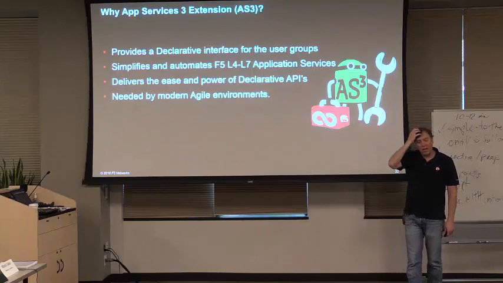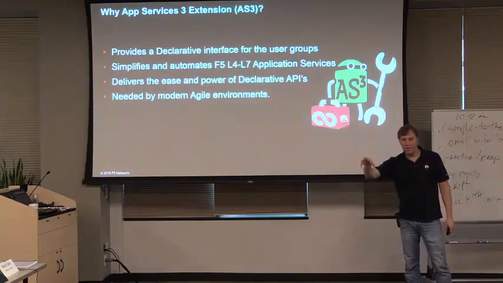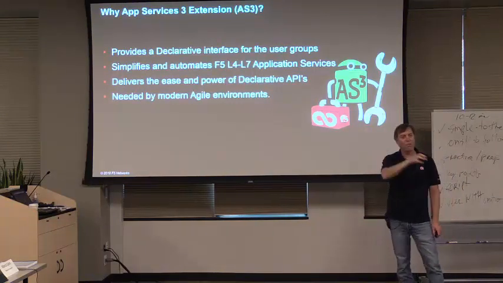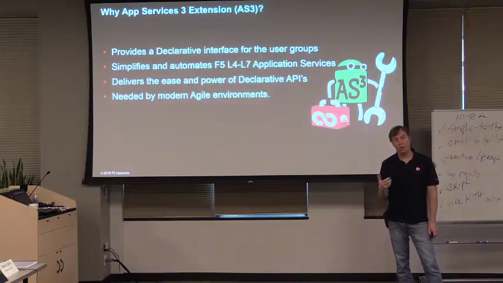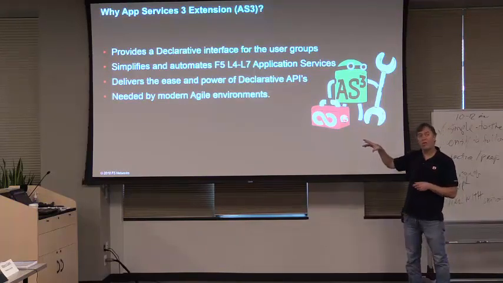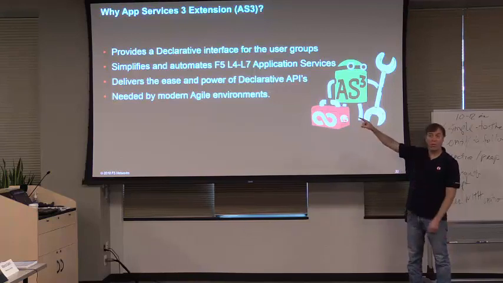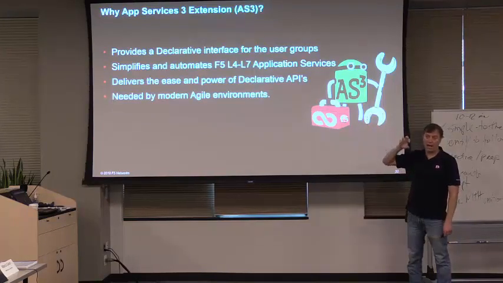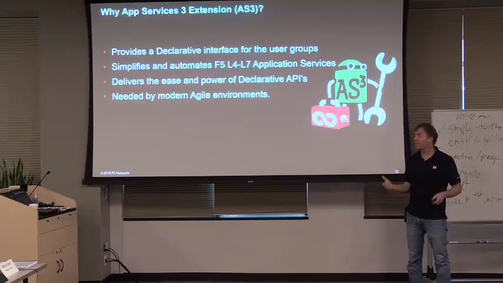AS3 is a thing that F5 has been building for a few years now. It's just the current version of what we're trying to do in this declarative model. And hopefully it will solve many of those issues for the layer 4 to 7 type of application services that customers need for their apps.